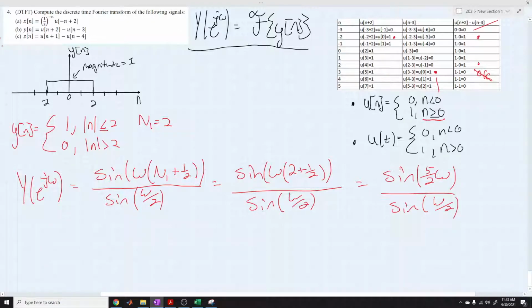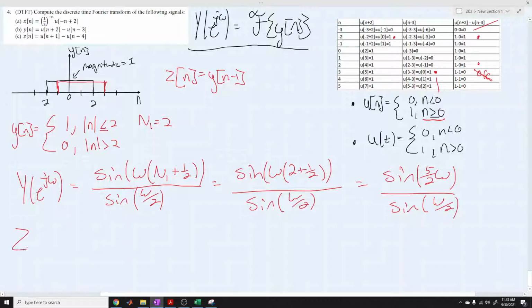We already did part A, and I think I showed pretty explicitly how to apply the time shifting. So all we've done is z of n is equal to y of n minus 1. I've shifted everything to the right by one. Here it would be z of 1 coming along just like this, same magnitude, just shifted one to the right.